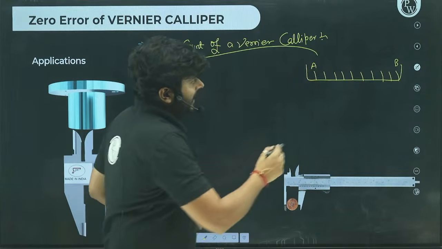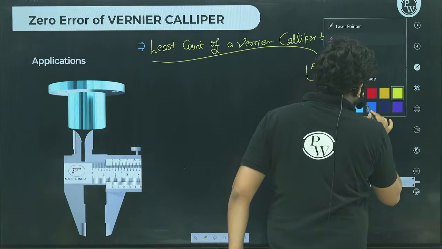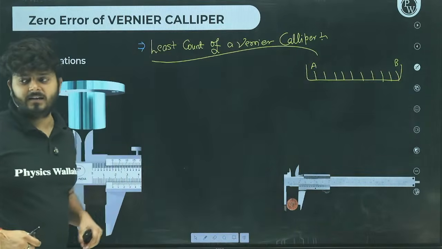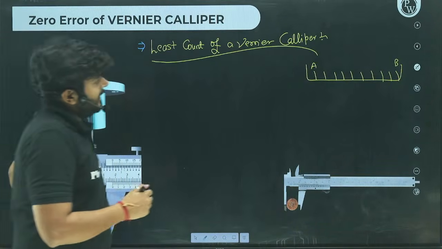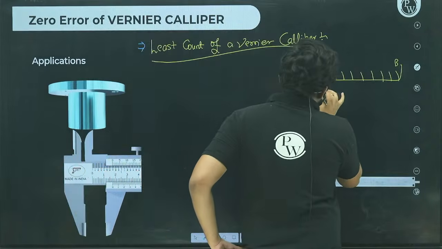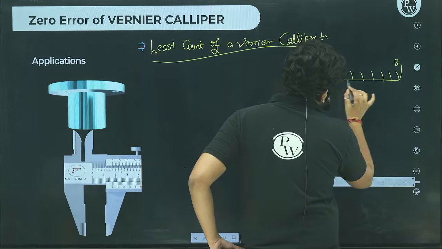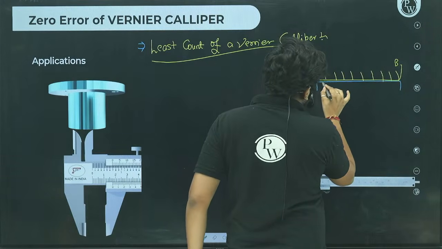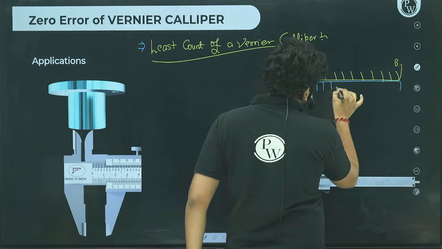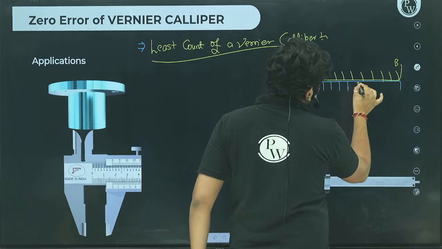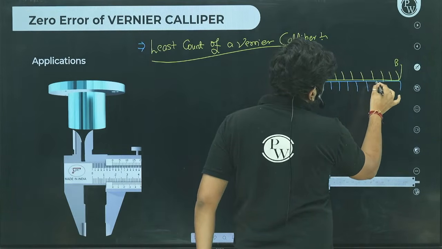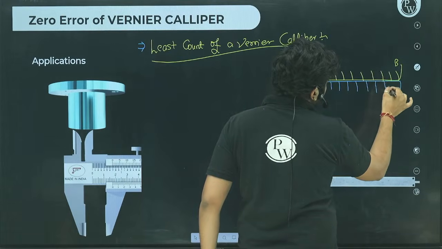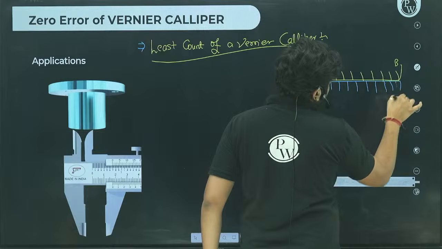Okay. While in the Vernier scale, in the same available length, we have a different set of markings, right? Let's say here I am drawing the Vernier scale. Between A to B, 1, 2, 3, 4, 5, 6, 7, 8, 9, 10, 11, right?